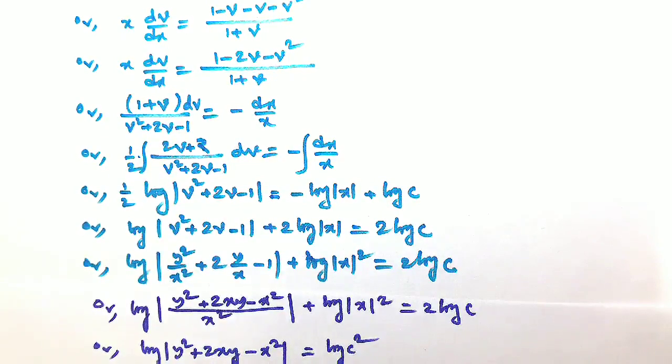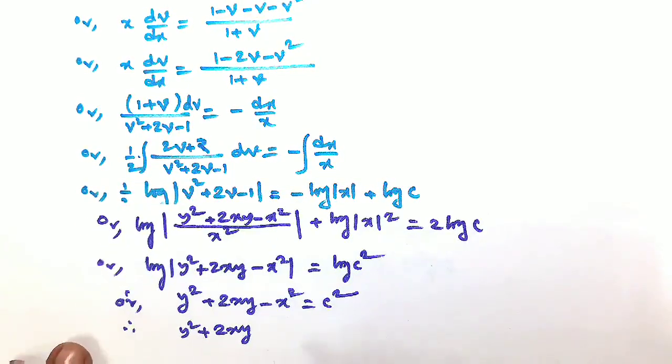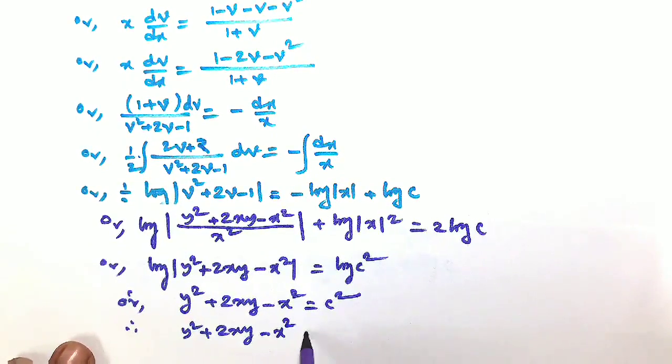So from both sides we can write now y square plus 2xy minus x square is equal to c square, and you can write it again, the final step, y square plus 2xy minus x square is equal to c1, where c1 is equal to c square.